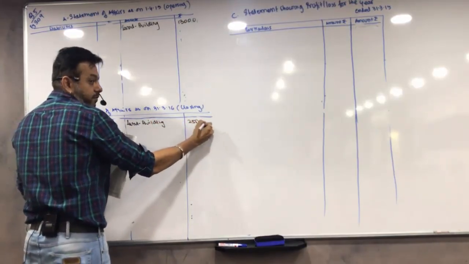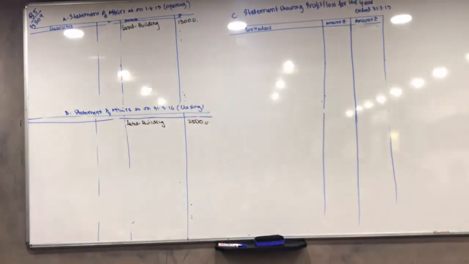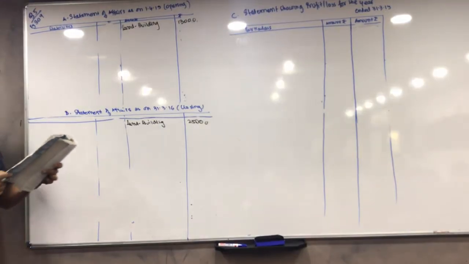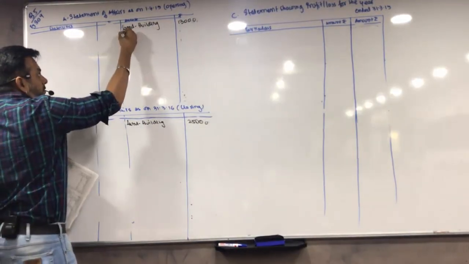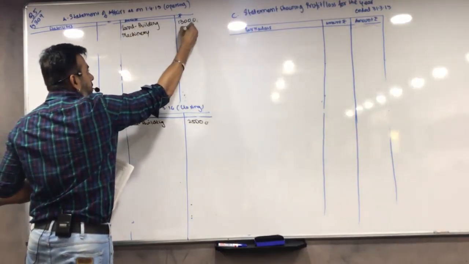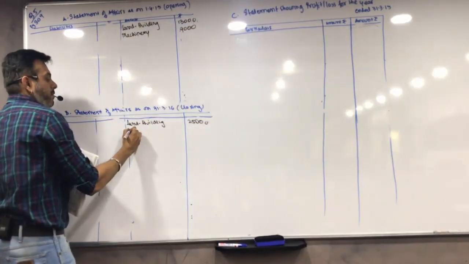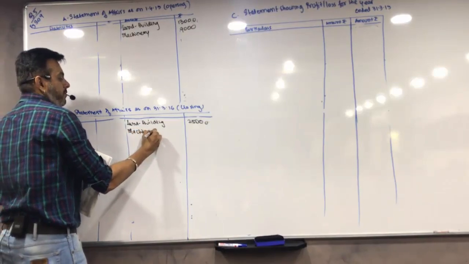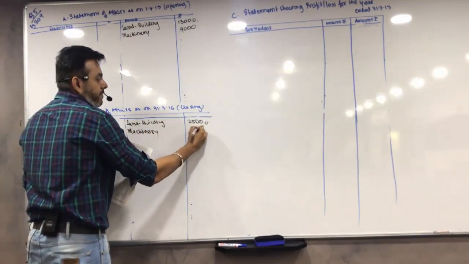Amount is 25,000. Then machinery, 9,000. Machinery, 11,000.